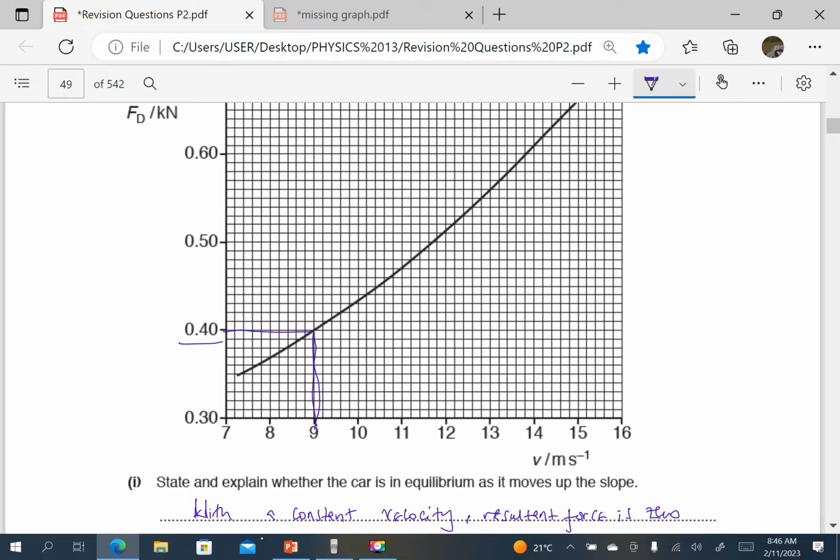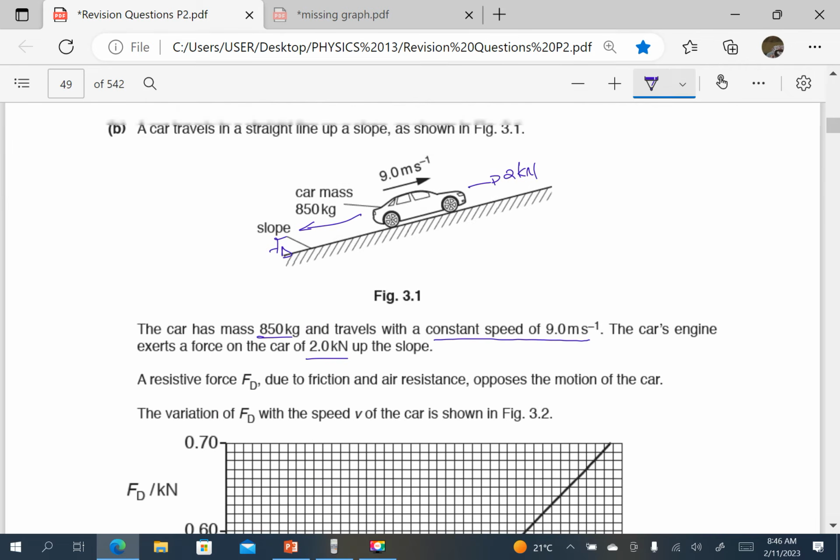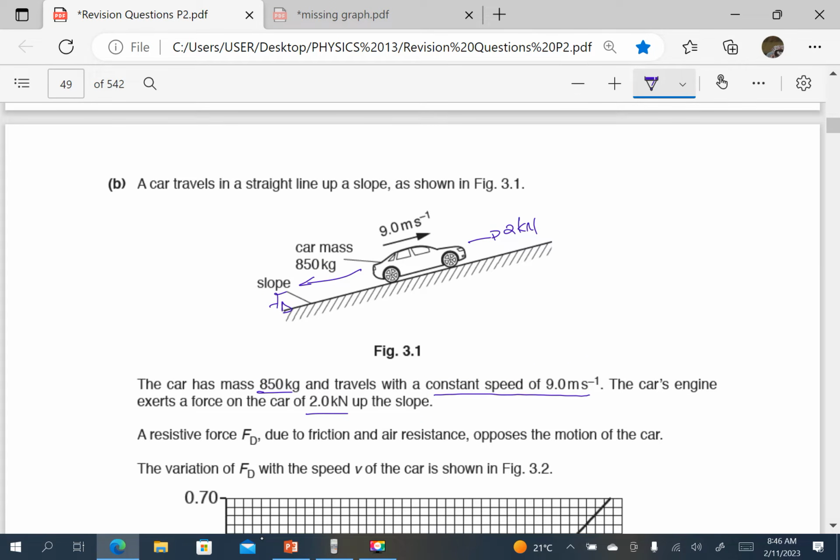That is actually the resistive force. Remember, the resistive force combines air resistance and friction. Now, there is a component of the weight.